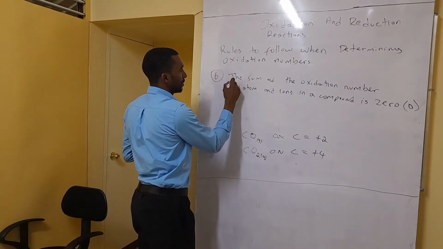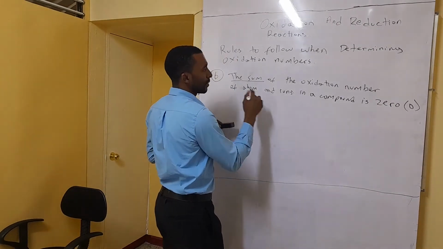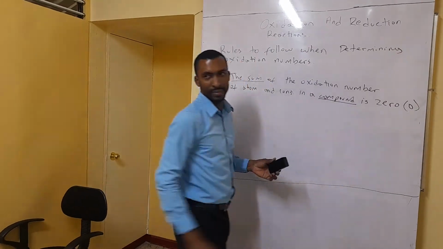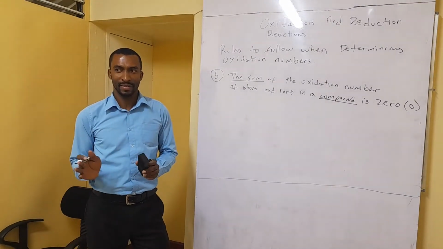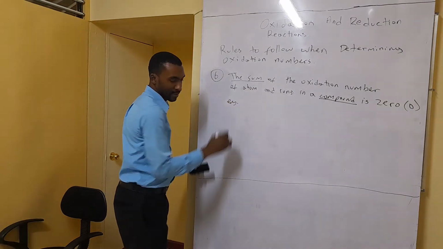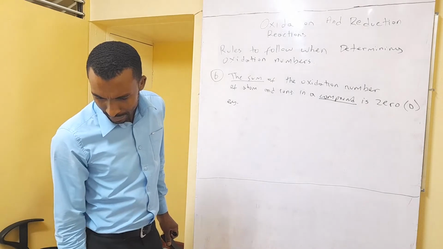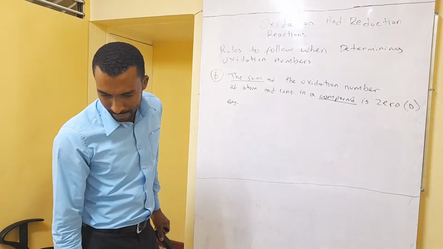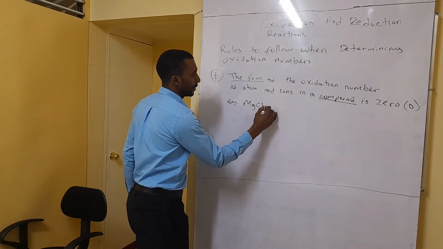Sum, alright, so this sum. When you add them up, it should be equal to 0 if it is a compound. Following? Remember that you have compounds and you have ions different. Example. See what they use in the book. Example. Magnesium chloride.